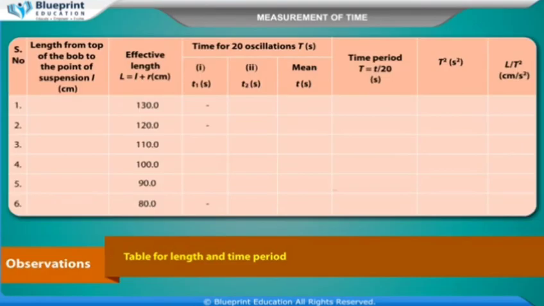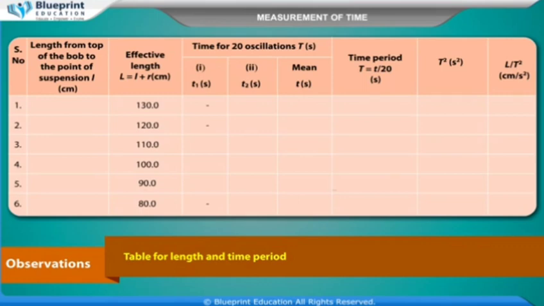Table for length and time period. Length from top of the bob to the point of suspension, l, centimeter. Effective length L equals l plus R centimeter. 1, 130; 2, 120; 3, 110; 4, 100; 5, 90; 6, 80.